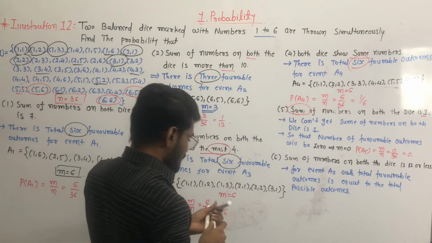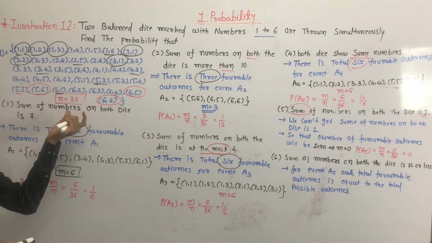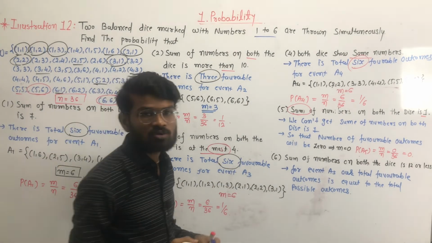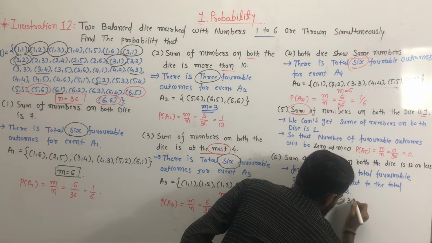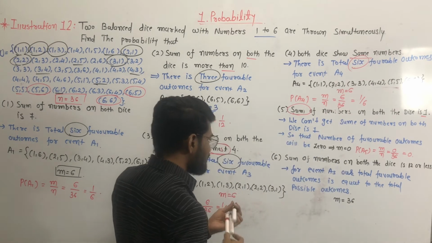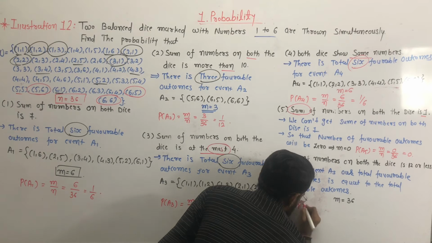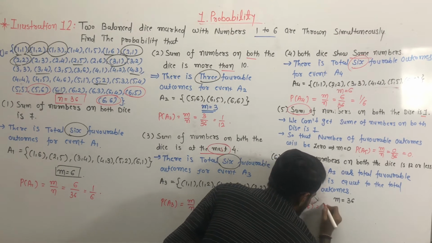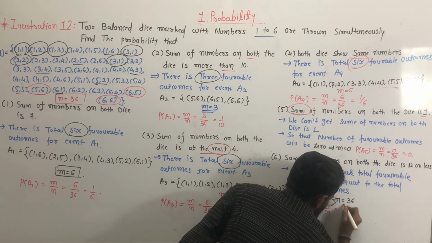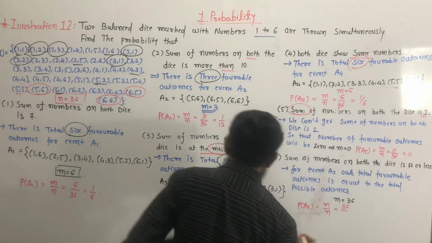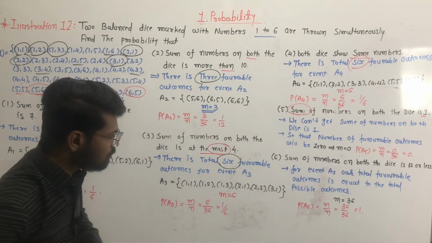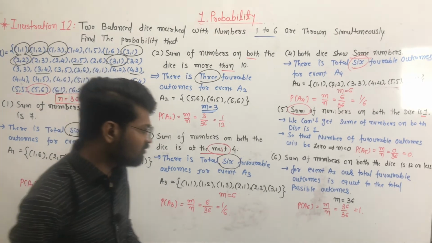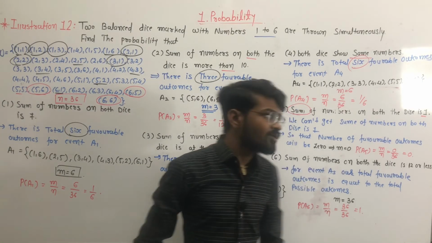Clear? So total possible outcomes are 36, so our favorable outcomes will also be 36, so m is equal to 36. So the probability of event A6 is equal to m by n. M is equal to 36 and n is equal to 36, so it is equal to 1. This probability of the event is equal to 1. Clear? Okay, done.